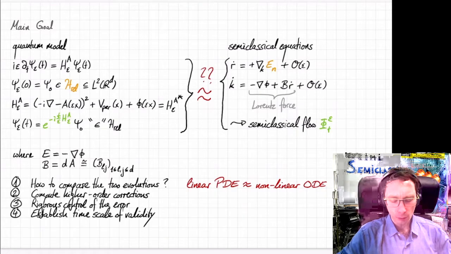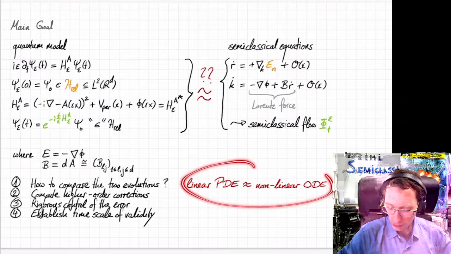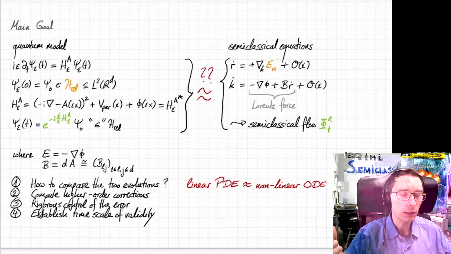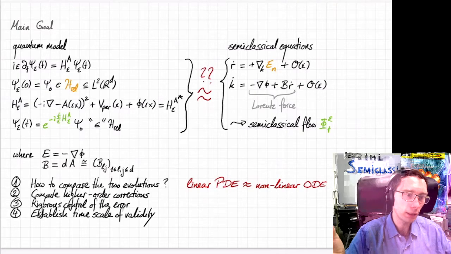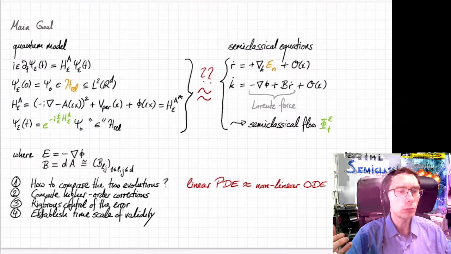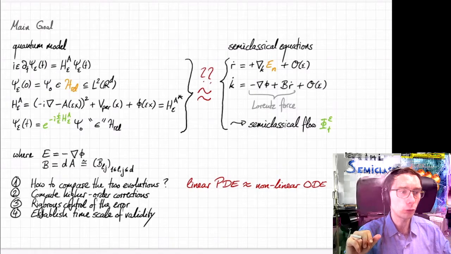Why is that? Well, just go back here. On the left-hand side, we have a linear PDE, and if we approximated a linear PDE by another linear PDE, then we know that the error can at most grow linearly in time. So this is relatively simple. But if you are approximating a linear equation by a nonlinear equation, you usually have to involve the Grönwall lemma.